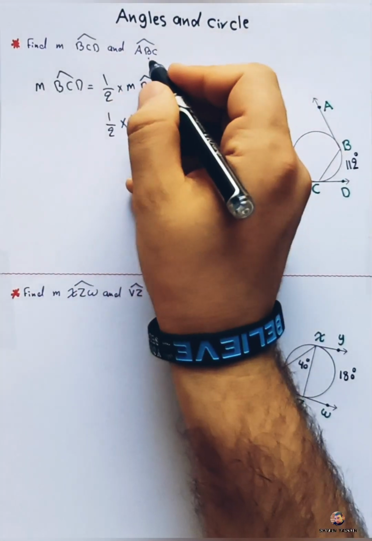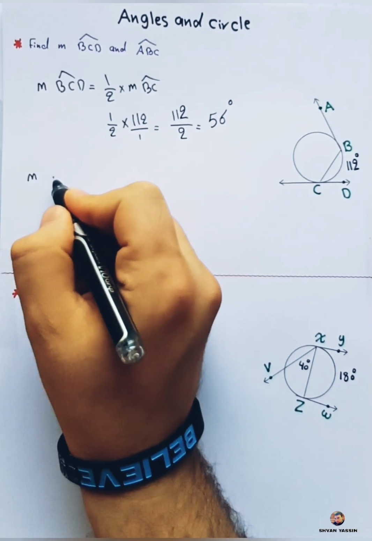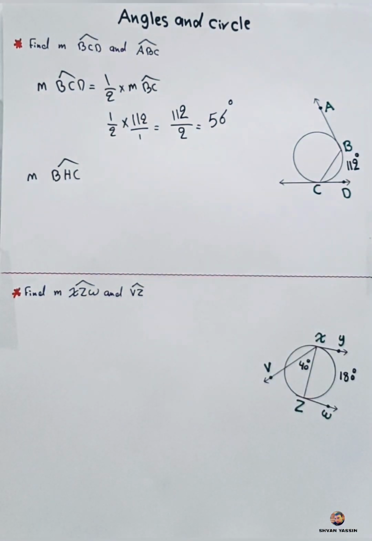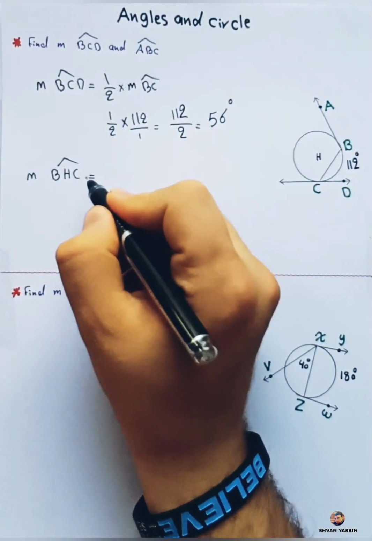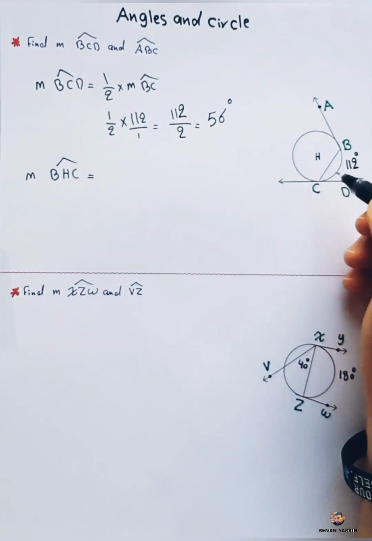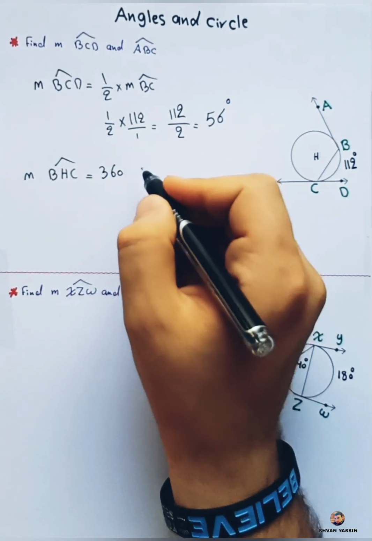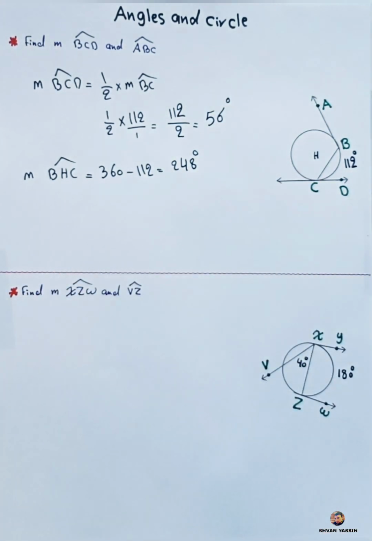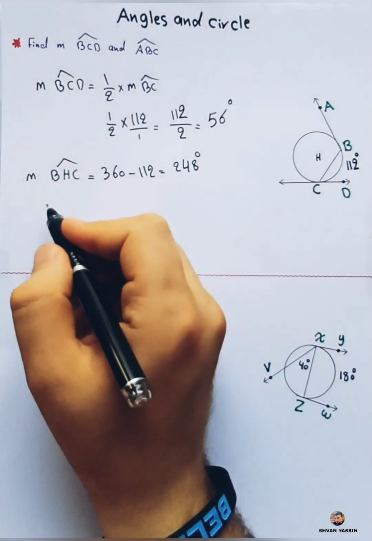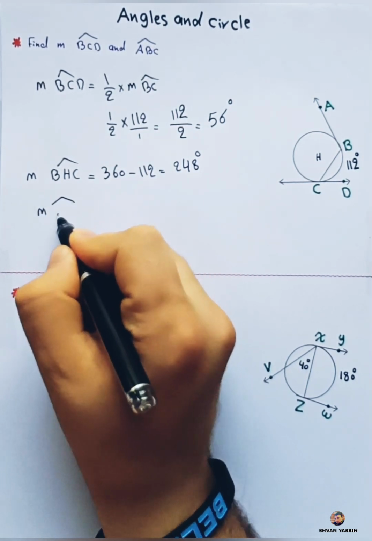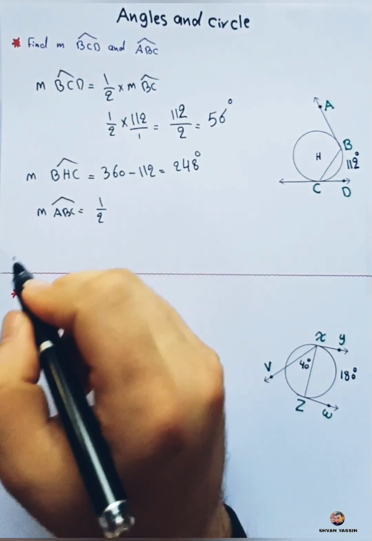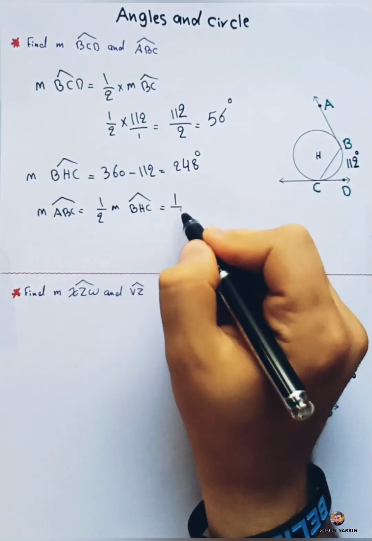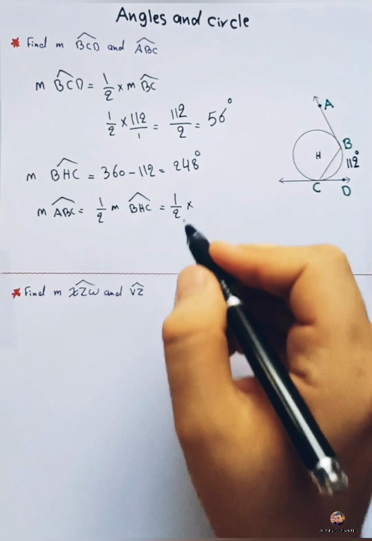After that, for the measure of angle ABC, we need the measure of arc BHC. The measure of arc BHC equals 360 minus 112 equals 248 degrees. After that, the measure of angle ABC equals 1 out of 2 the measure of arc BHC, so 1 out of 2 multiplied by 248.